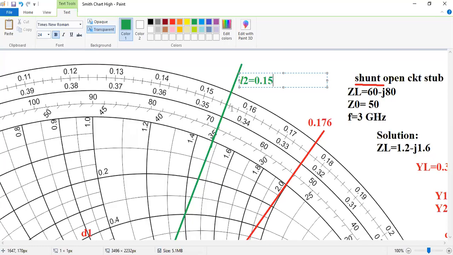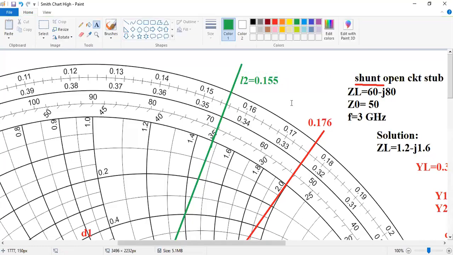So how much is it? 0.152, 0.154, 0.155, and this is 0.156. So I'll take 0.155. Okay. So L2 is 0.155. And here this is your L2.